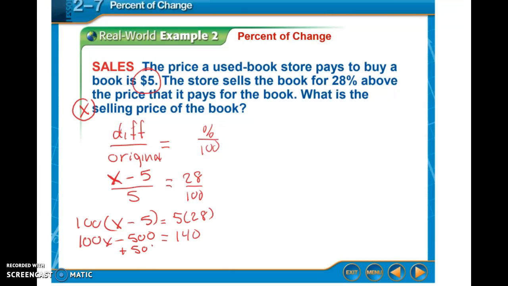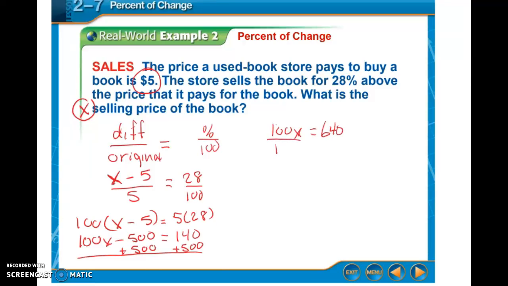Add 500 to both sides. So I'll move this up here. So this is 100x equals 140, so 640.